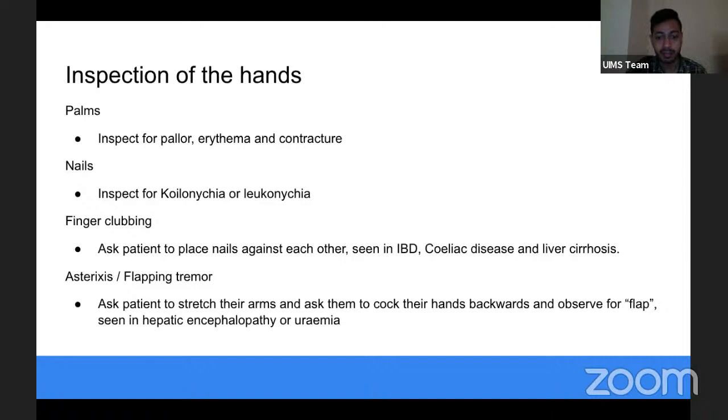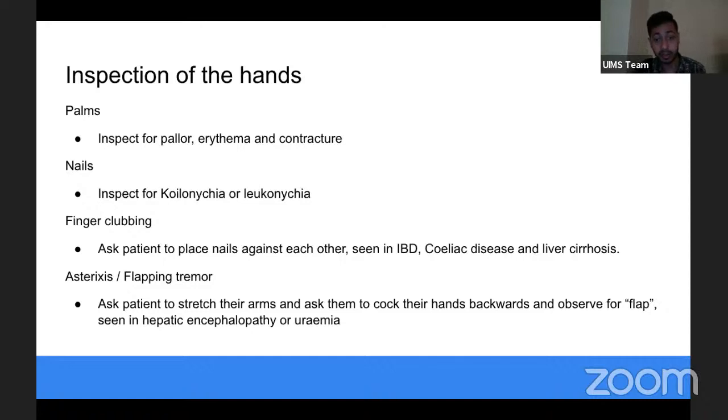In terms of palmar erythema, it can be linked with chronic liver disease. It's usually one of the more significant signs of liver disease. And then the paleness of the palm is suggestive of malignancies, GIT bleeds, and malnutrition.